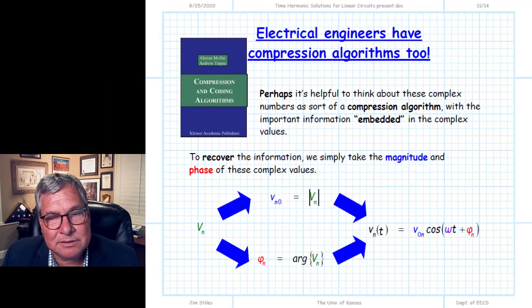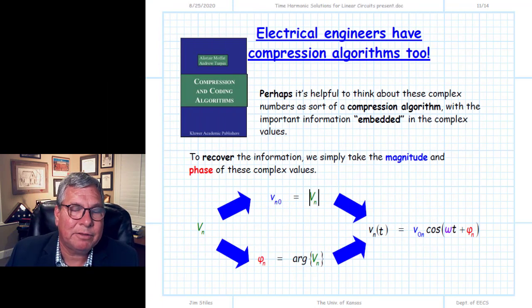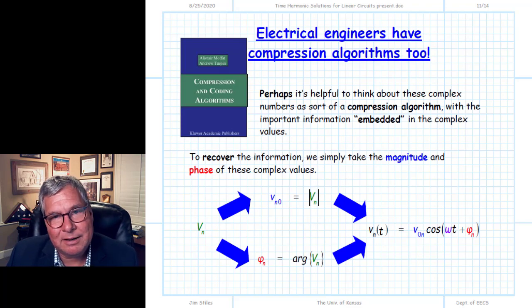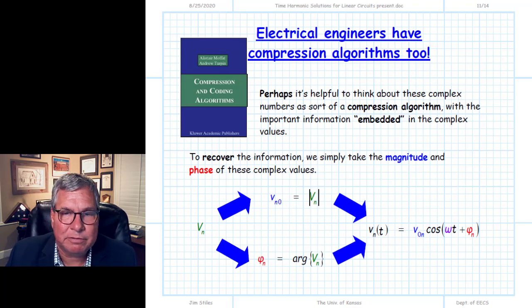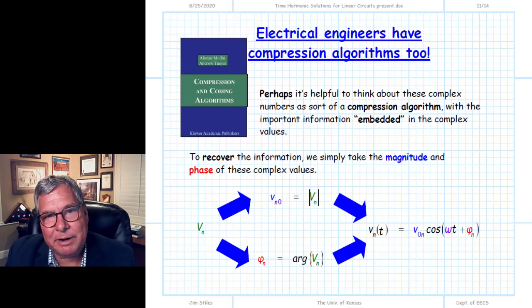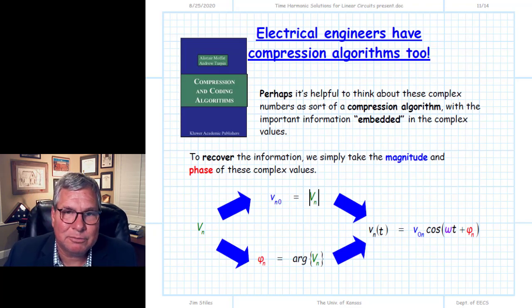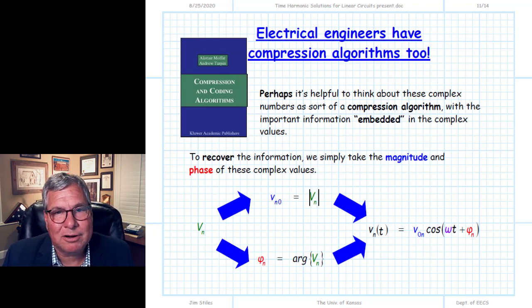Computer scientists and engineers are always talking about their compression algorithms, that you can take information and compress it into a different form and then extract it later. But electrical engineers have compression algorithms too. In fact, ours have been around for a lot longer. And one of them is this Euler expression of a sinusoidal function. We describe currents and voltages in a linear time invariant circuit as complex values.